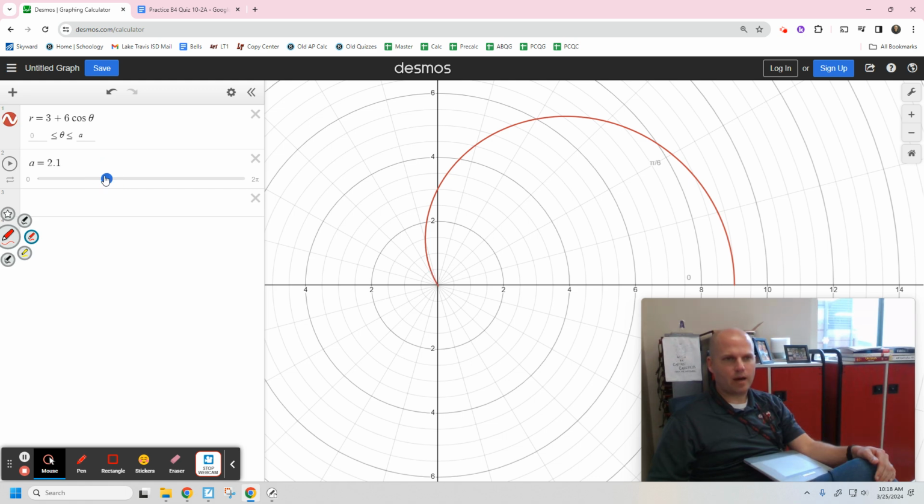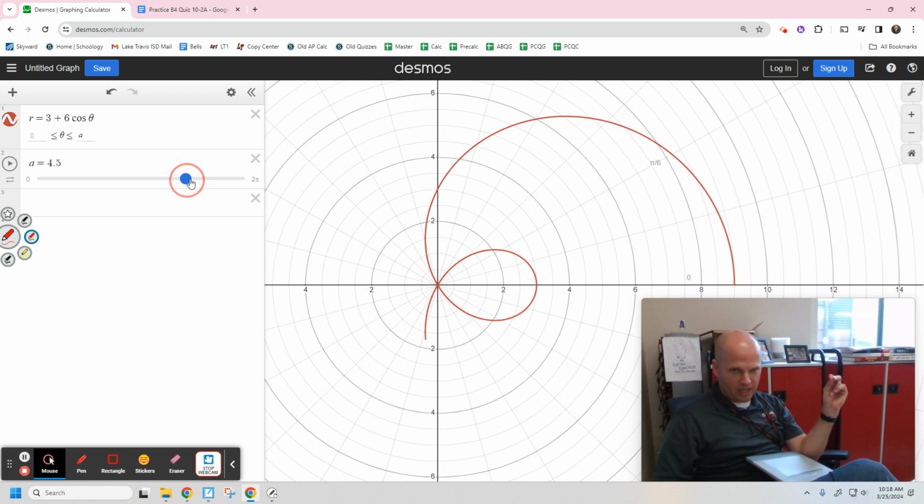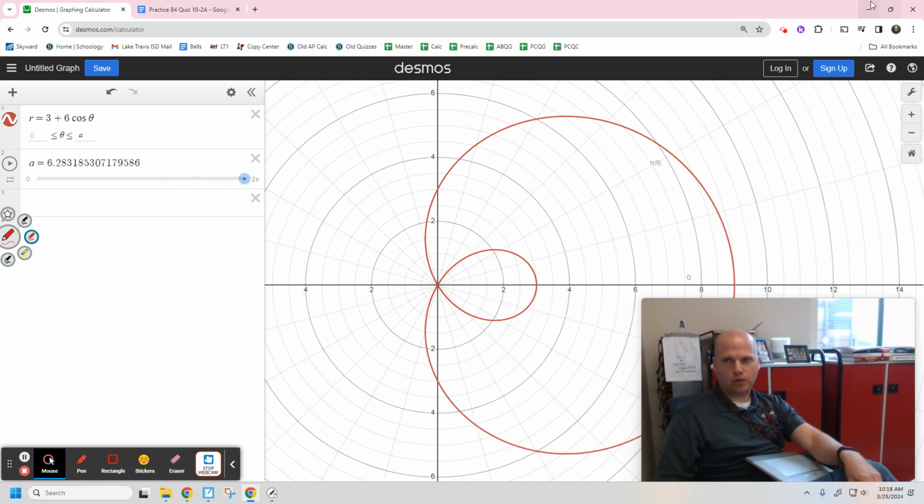Boom, we get a 0 at 2 pi over 3. From 2 pi over 3 to pi, we are going further and further away from the origin. But then pi to 4 pi over 3, we're getting closer to the origin. Then from 4 pi over 3 to 2 pi, we're getting further away.